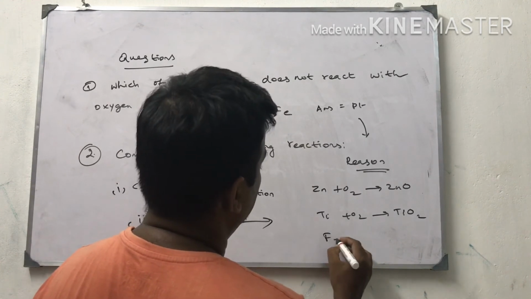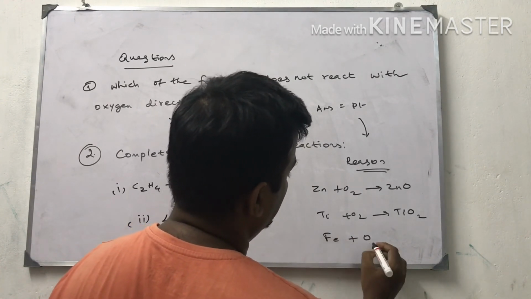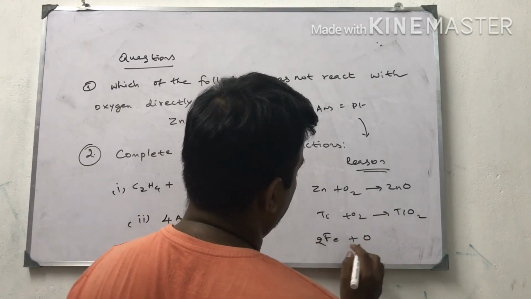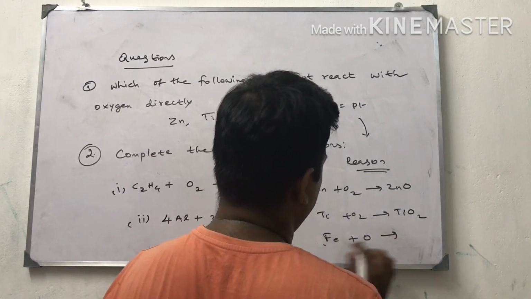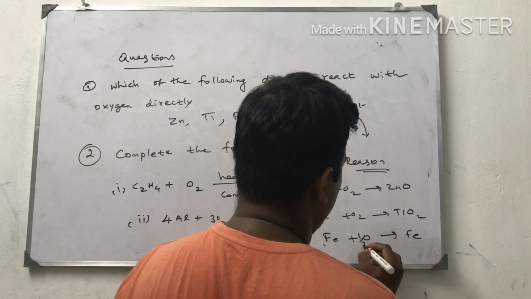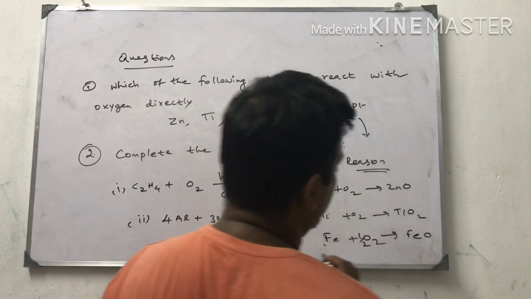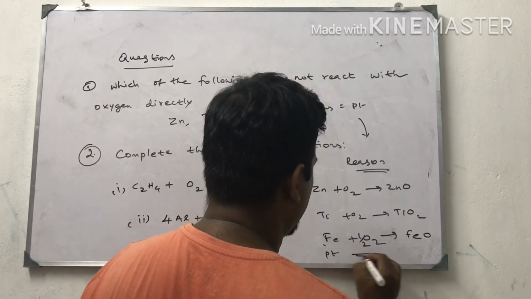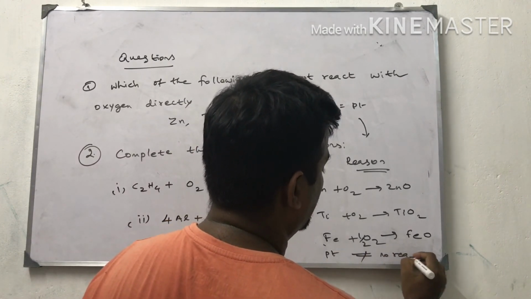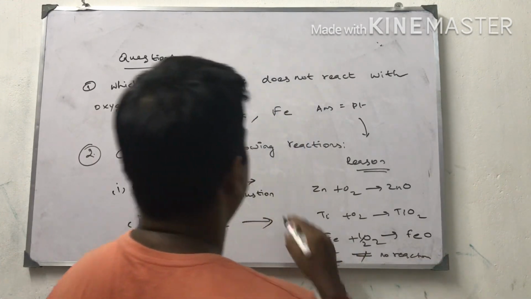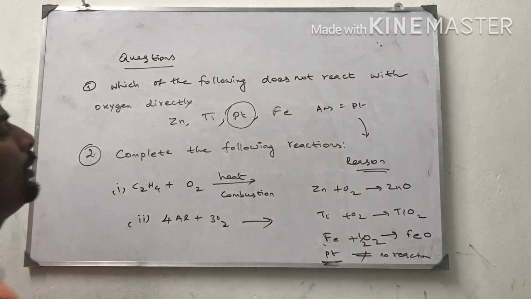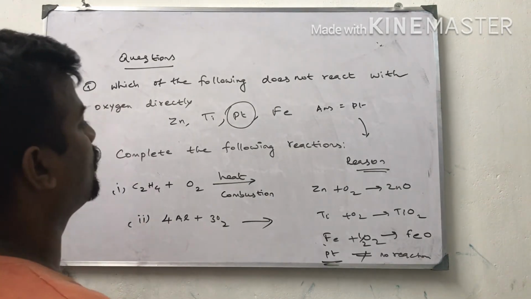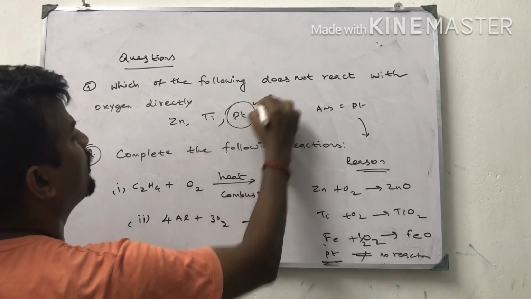Iron plus oxygen gives iron oxide. Then platinum, no reaction. Because platinum is a noble metal, it is unreactive with oxygen. That's why the answer is platinum.